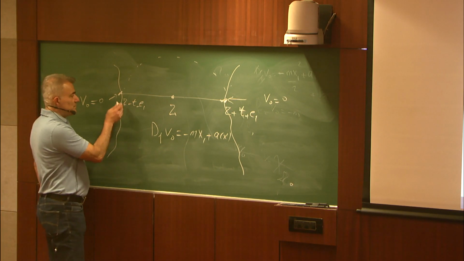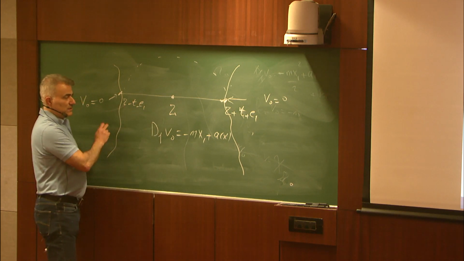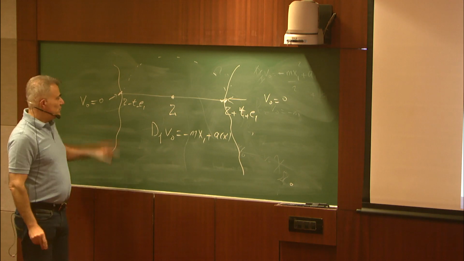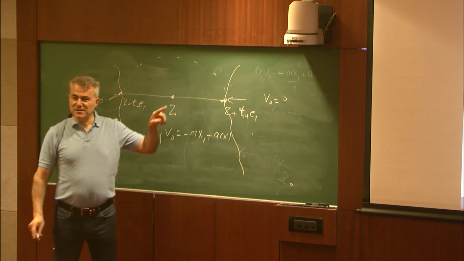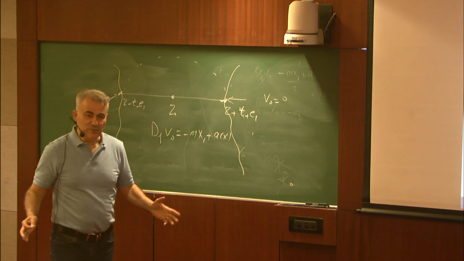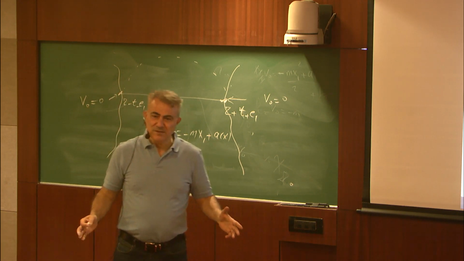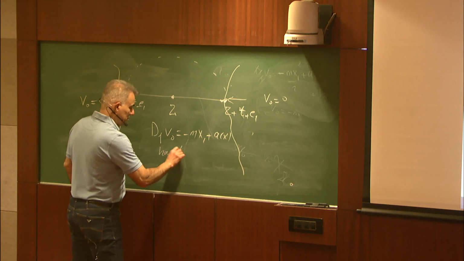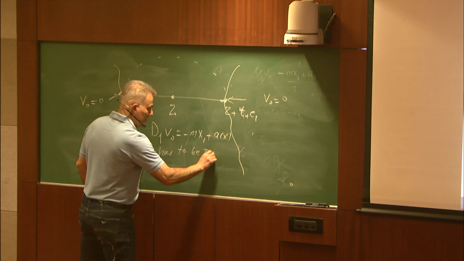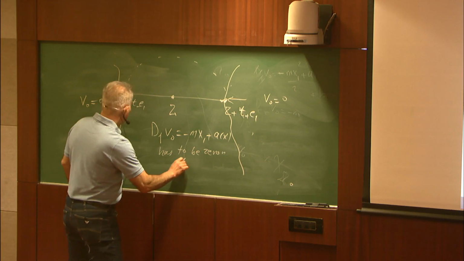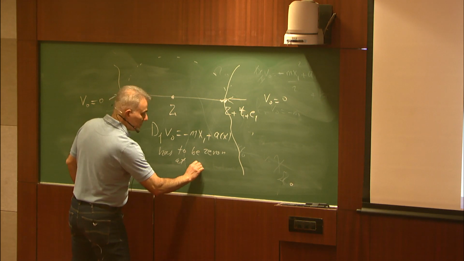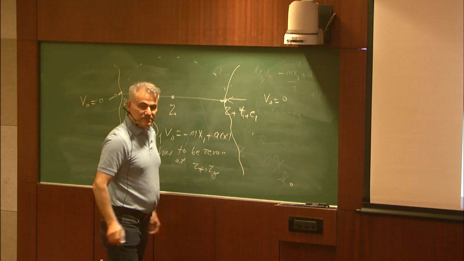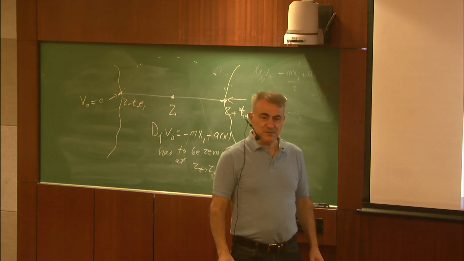When x prime is fixed and you go along this linear function, it has to be 0 at 2 points. A linear function cannot be 0 at 2 points. So it means that it has to be 0 at 2 points, call them z plus and z minus. But this is not possible.